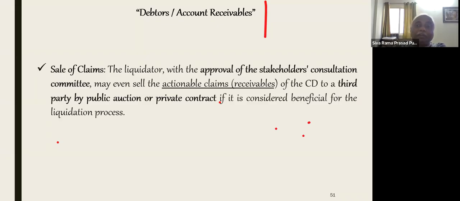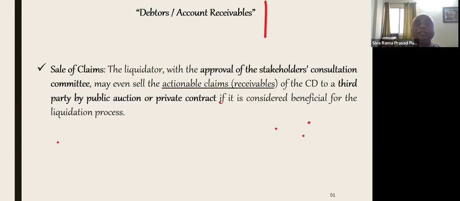The third party public auction or private contract. So you give the advertisement, mention that these are the debtors, these are the companies I'm going to sell, with the approval of stakeholders, the consultation committee, or particularly the COC in case of CIRP.